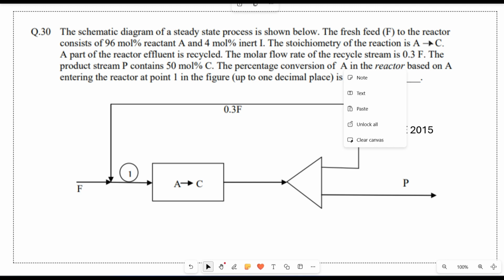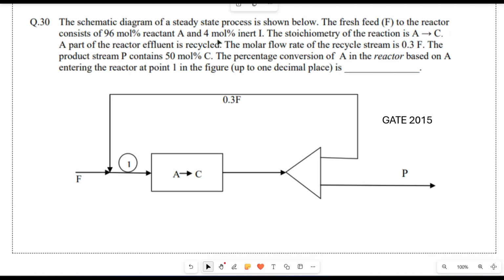The fresh feed to the reactor consists of 96 mole percent A and 4 mole percent inert. The stoichiometry of the reaction is A to C, A becomes C. A part of the reactor effluent is recycled. The molar flow rate of the recycle is 0.3 F, already shown. The product stream contains 50 mole percent C, and the percentage conversion of A in the reactor is based on A entering the reactor at point 1 in the figure.